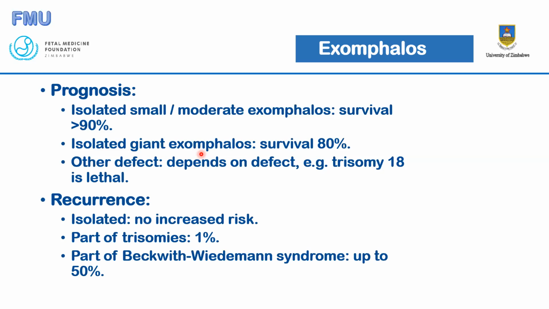So that means prenatal detection plays a very big role when it comes to the survival of anterior abdominal wall defects. Prenatal detection and in utero transfer. You don't detect and deliver at your hospital without these facilities. You do in utero transfer.